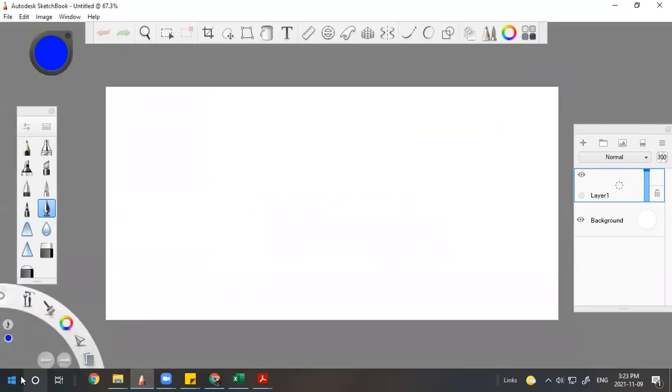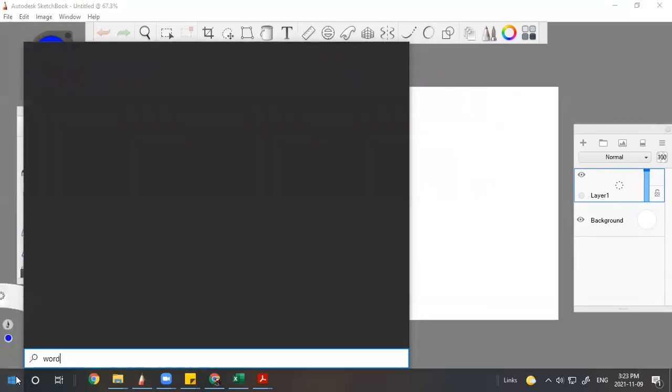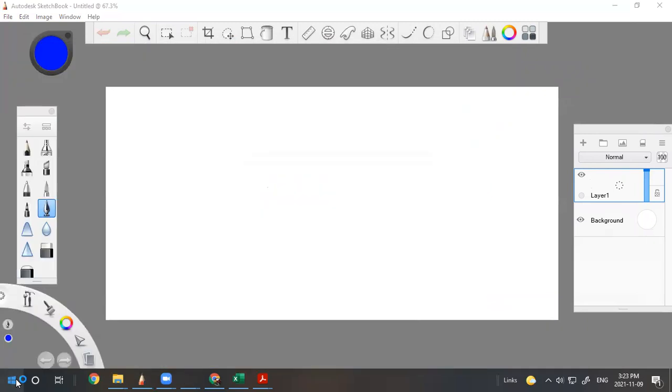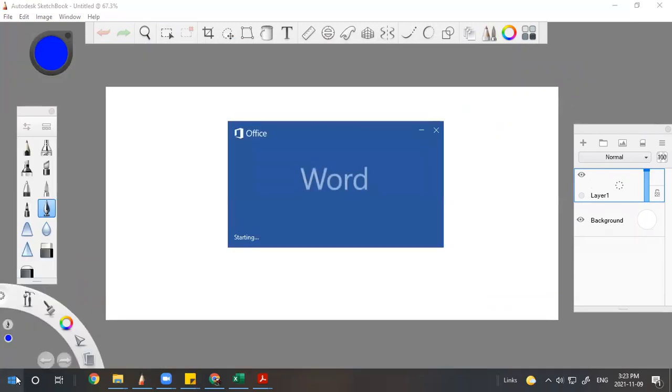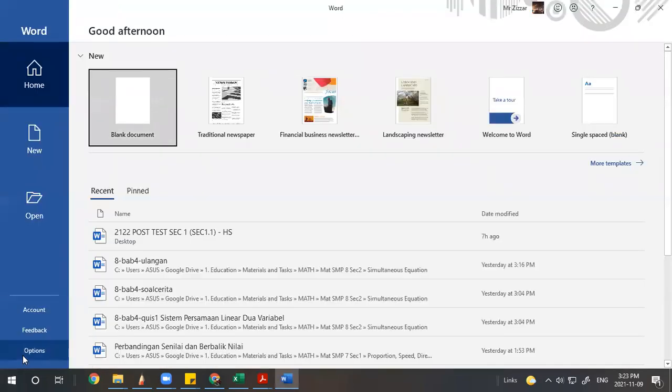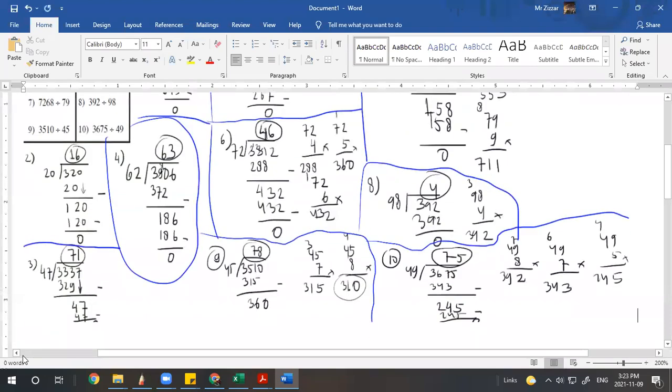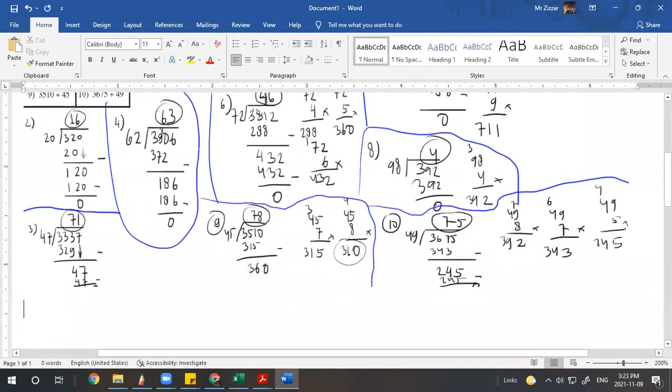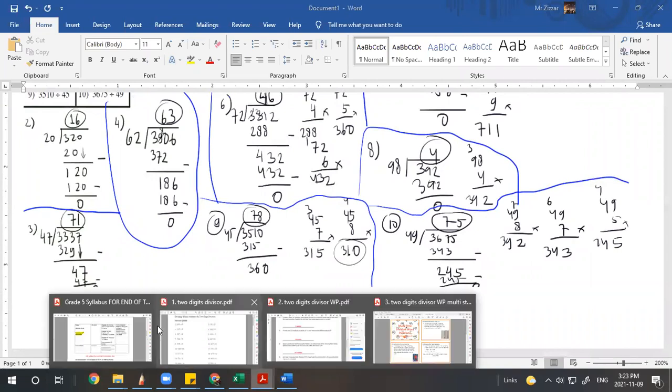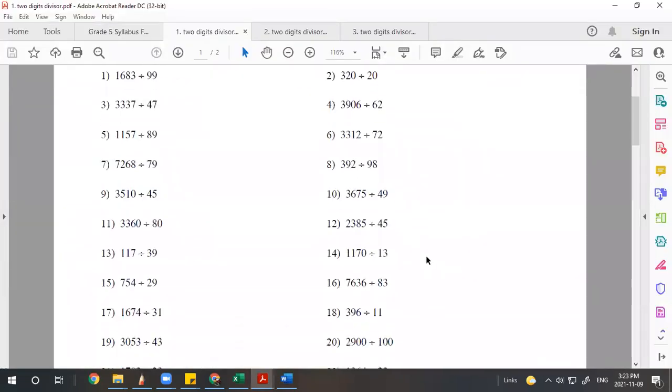That's how you do the 2 digits divisor, and then try to deal with the word problems. Okay, now we are dealing with the word problems. I will send you the files later.